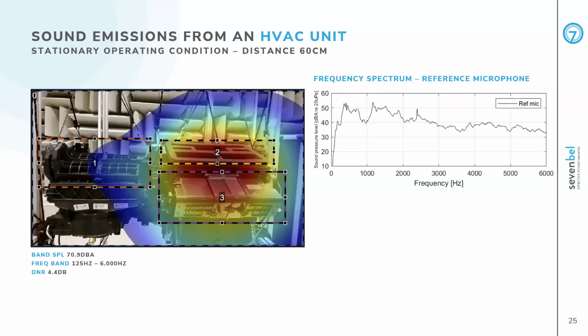It basically consists of drawing selection boxes, which we call regions of interest, around components on your machine. If you already know the machine by design, you know which are the main potential noisy components. In this case, the manufacturer of the unit selected these three.